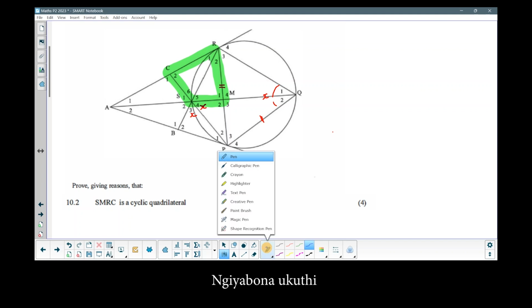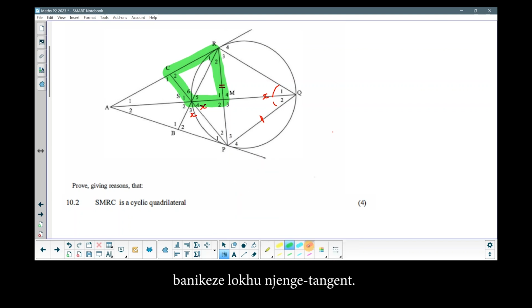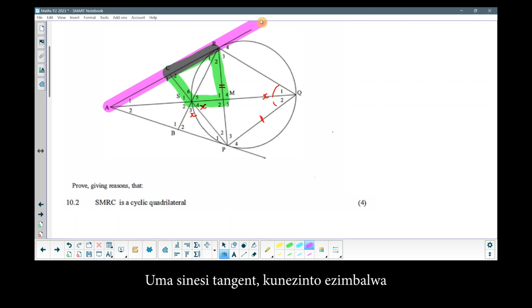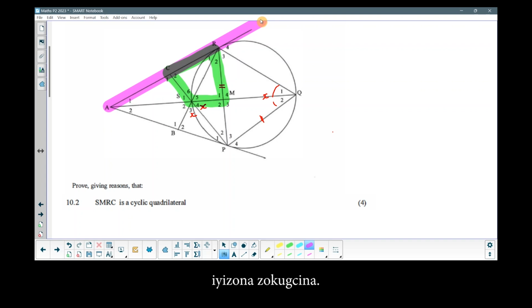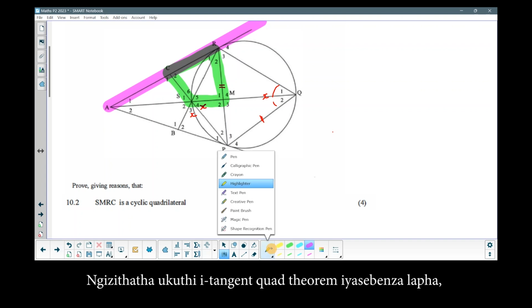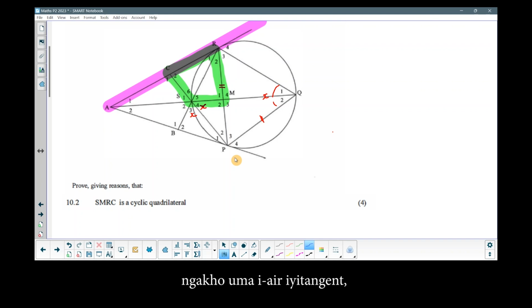What I have noticed is that they've given this to be a tangent. Now, whenever they give us a tangent, there's a few theorems that come into play. Line from center perpendicular to tan, or we can have the tan chord theorem. I'm safely assuming that the tan chord theorem applies here. So if AR is my tangent, then this angle lies between the tangent and the chord. This is your chord, and it is equal to this angle here.